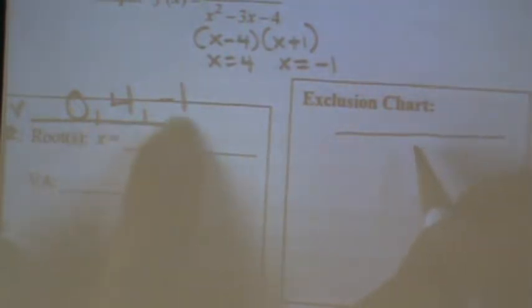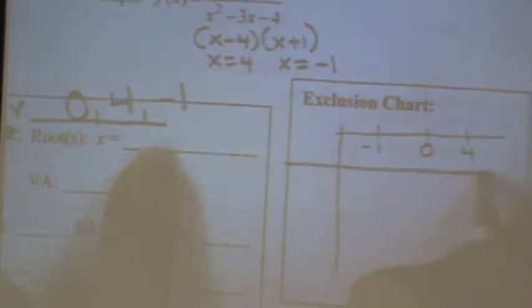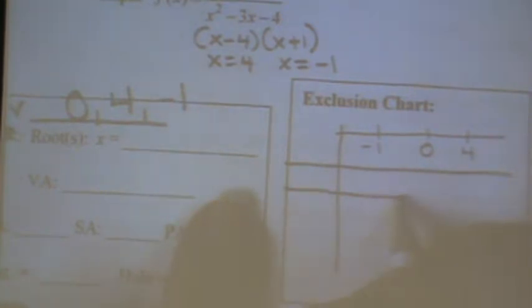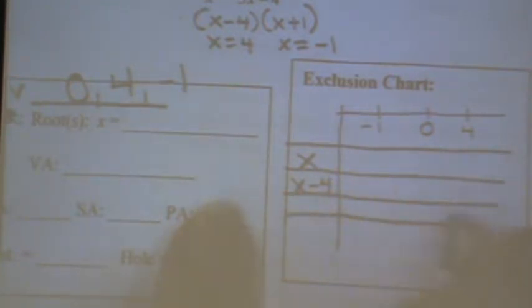Okay, I want you to order these numbers left to right: -1 comes first, then 0, then 4. And along vertically, I want you to name each of these products. So x, then x minus 4, and it doesn't matter what order you put them in, x plus 1, and the grand finale is f of x.